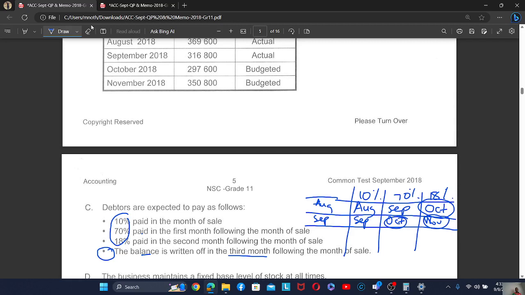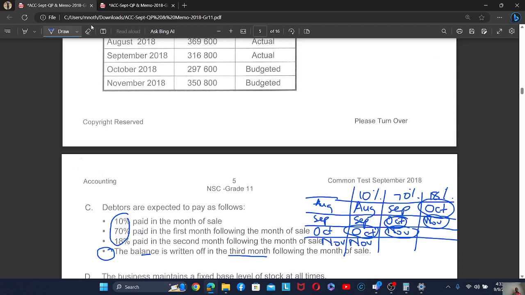If October is a month of sale, 10% will be paid in October, and then November. December, we are not doing, so let's just leave December. And if November is a month of sale, 10% will be paid in November. Now let's do the calculations.